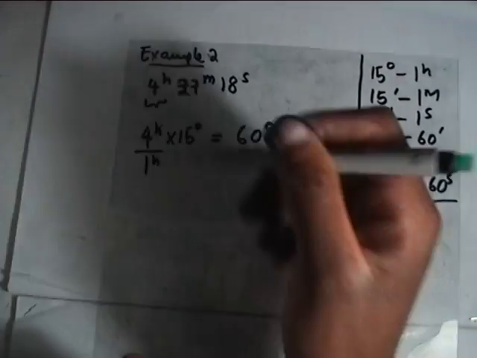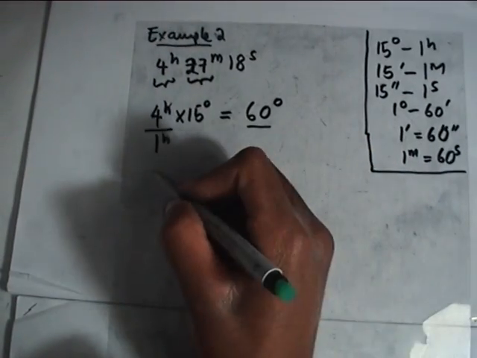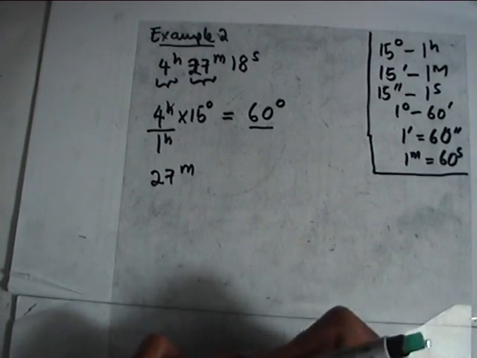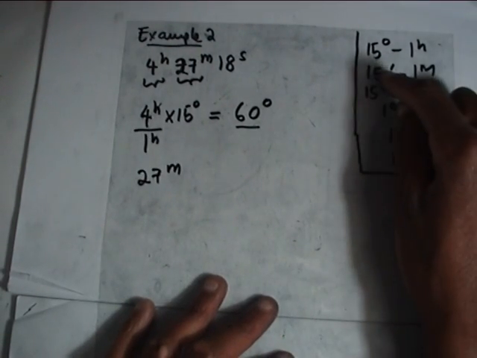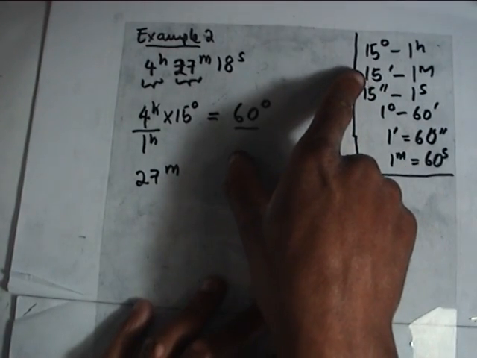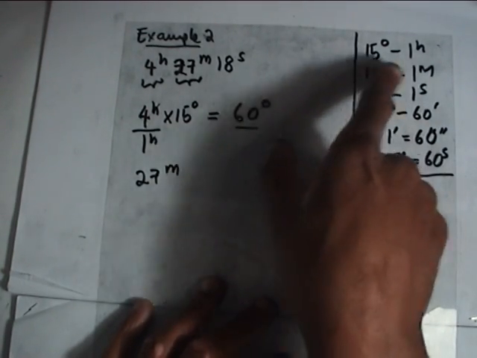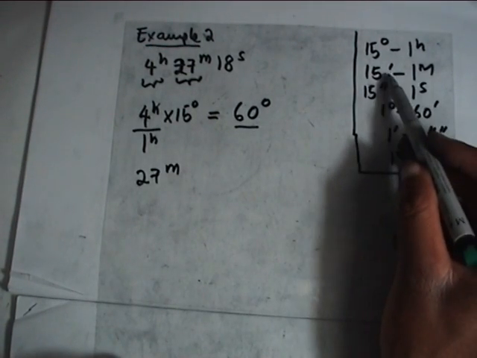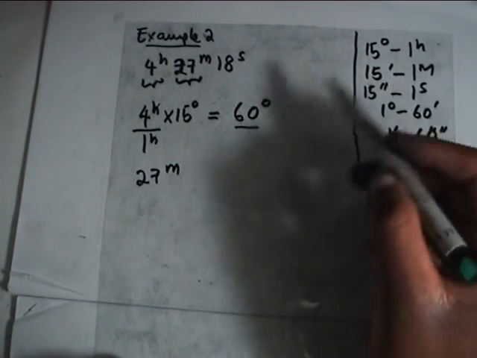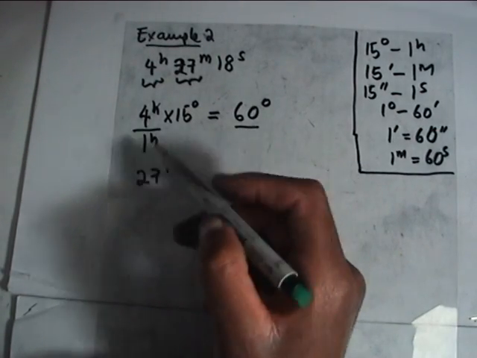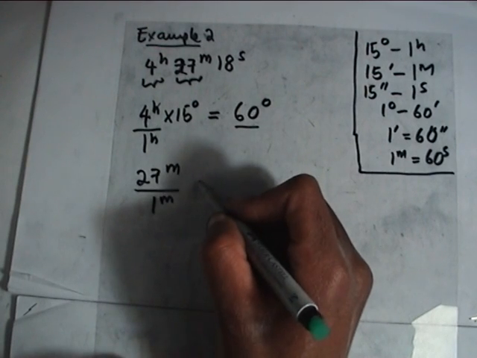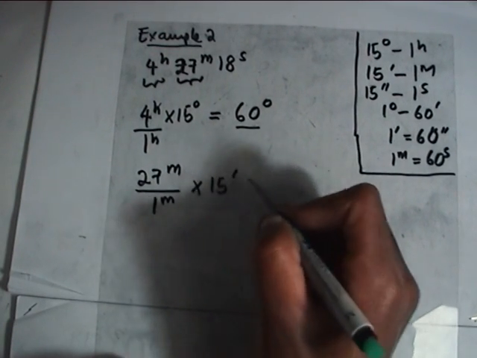Let's move on to the 27 time minutes. We are going to use this conversion. 1 time minute gives me 15 arc minutes, right? So we are going to use that one. If one time minute gives me 15 arc minutes, then by proportion 27 time minutes are going to give me 27 over 1 minute multiplied by 15 arc minutes.